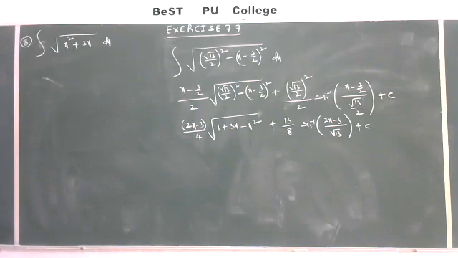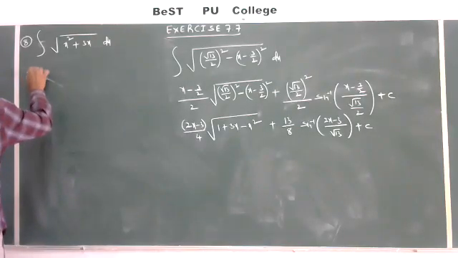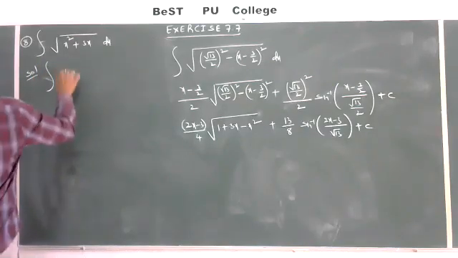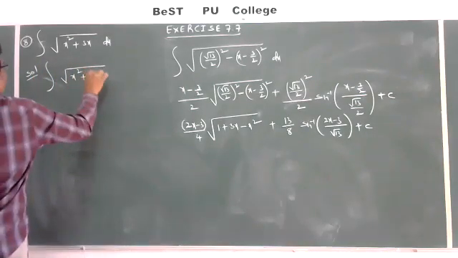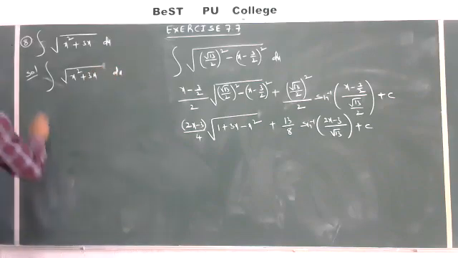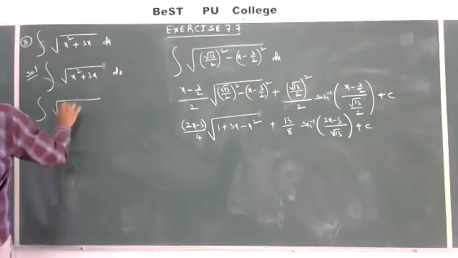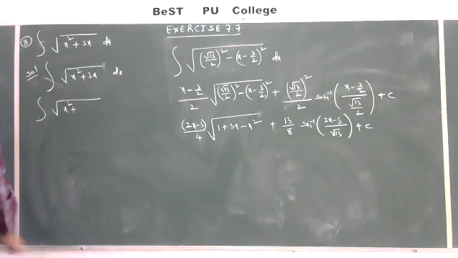So first you make the given function in the form of root of x square plus a square or x square minus a square, like that. First, what is given? Solution: integral root of x square plus 3x dx. So this is integral root of x square plus, you make this a 2ab term.